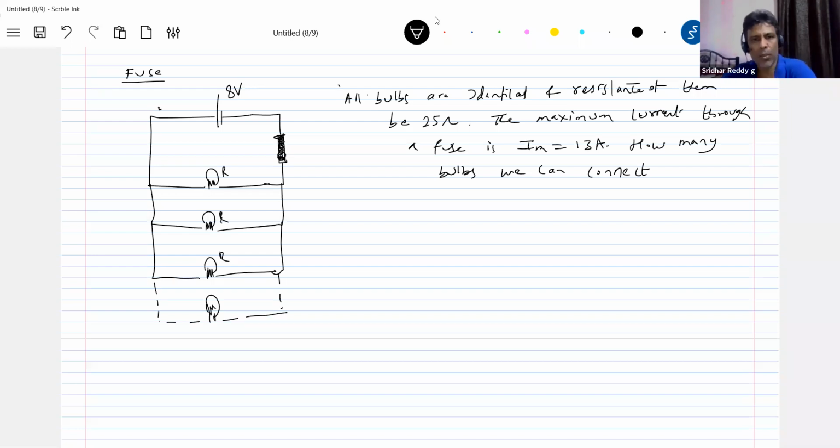So what is the maximum possible current permitted across the fuse? It is 13 ampere. And what is the EMF of the source? 8 volt. And the resistance of each bulb is how much? All bulbs are identical, and the resistance of each is 25.